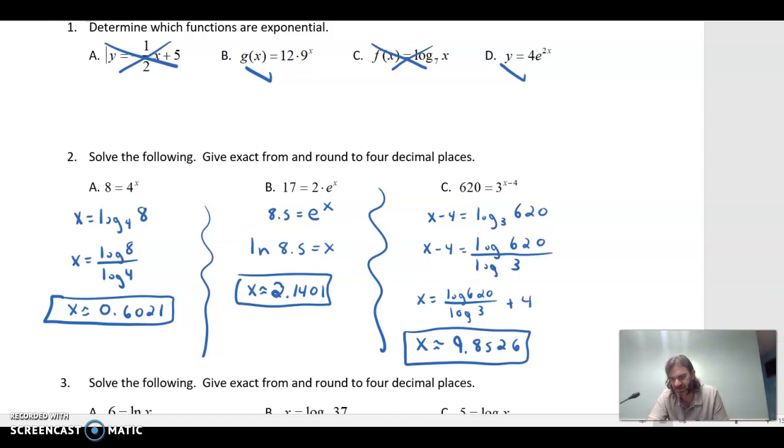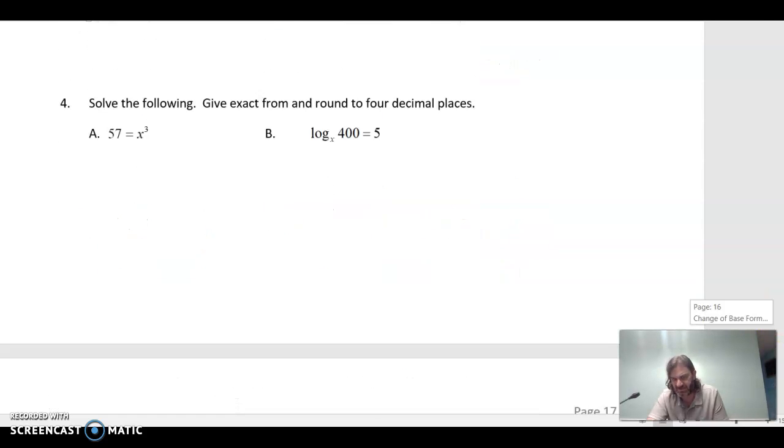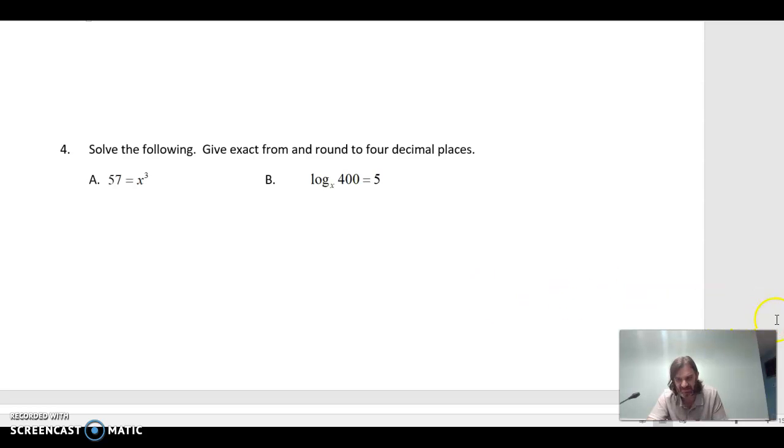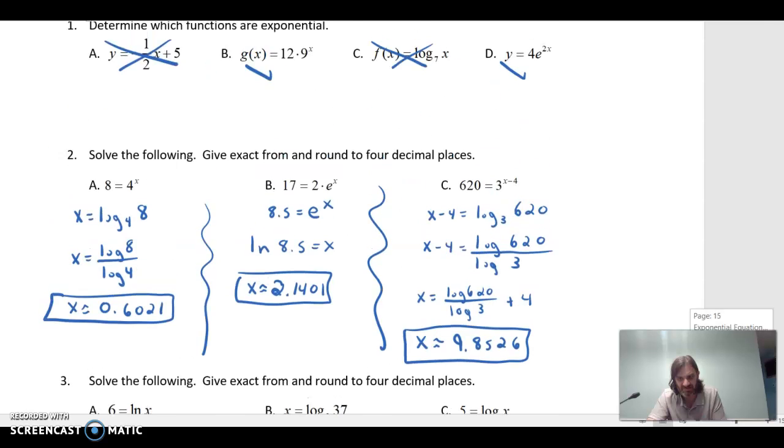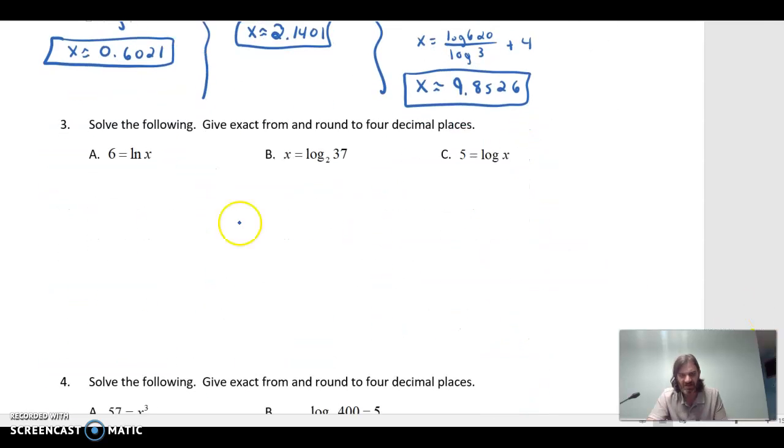Okay. Let's see, we got a couple more problems down here. It says solve the following. Did I skip some? I believe I missed a couple here. Yes, I missed a whole row. Solve the following. Okay, so we got some that start off in log form instead of exponential. So 6 equals natural log of x.